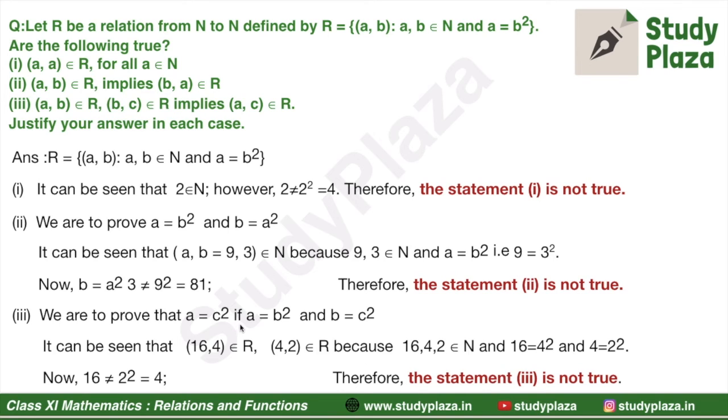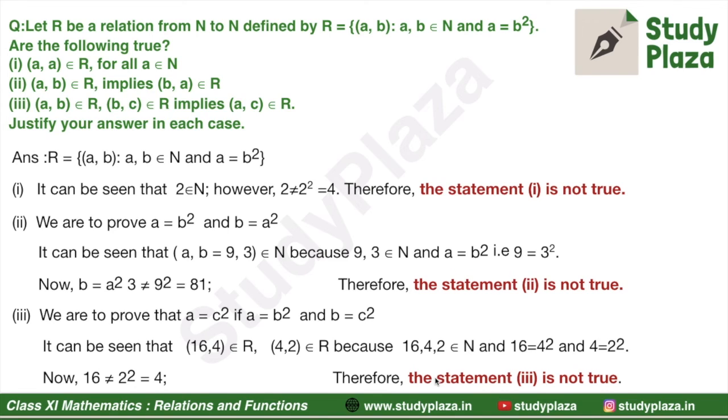First we check a = b²: 16 = 4², satisfied. Similarly, 4 = 2², condition satisfied. Now we have to prove that a = c². The value of a is 16 and the value of c is 2, so 16 is not equal to 2², or we can say 4. Therefore, this statement is also not true.